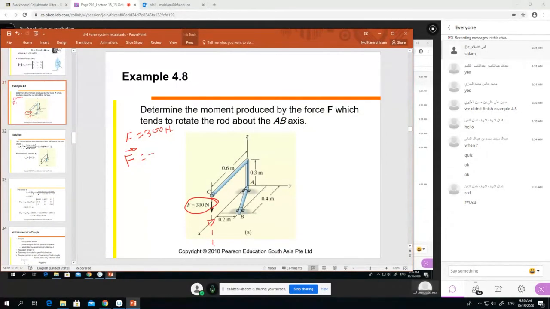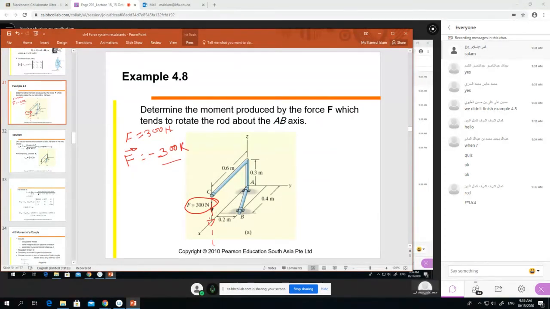So downward we put minus, and 300 is the value. Now which direction is it? It is in the z direction, so we put k.